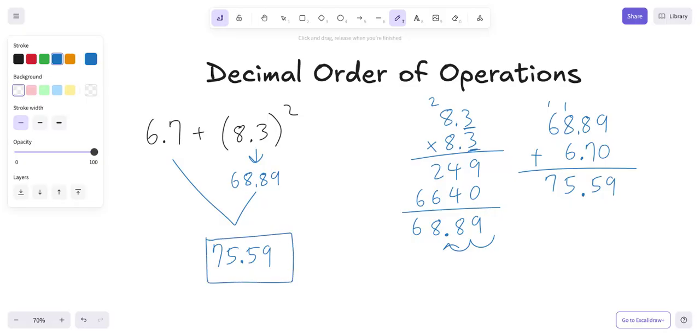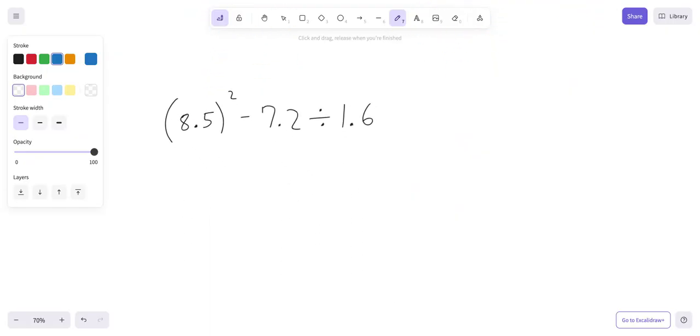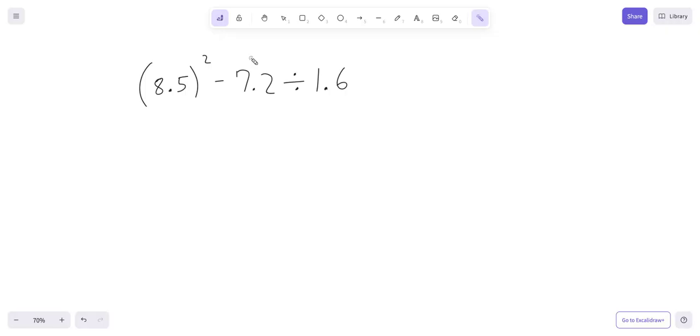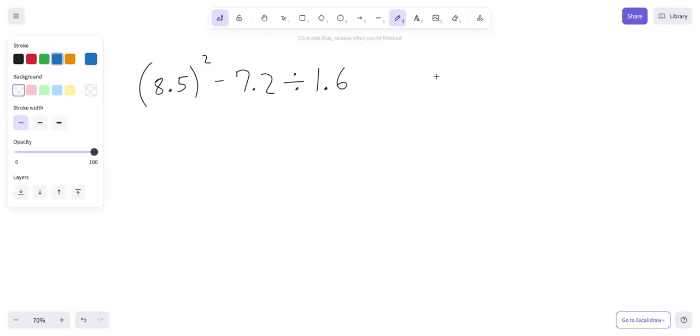Moving on to the next one. Here we have exponents, subtraction, and division. So again, I want to do exponents first. That's going to be 8.5 times itself, so times itself twice. 5 times 5 is 25. 8 times 5 is 40. Plus the 2 is 42.